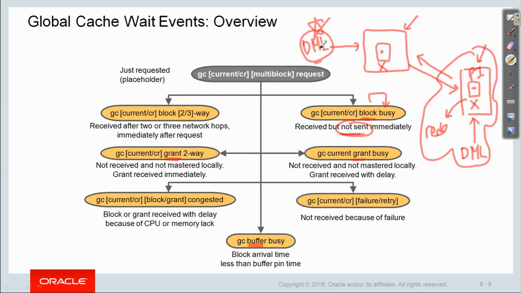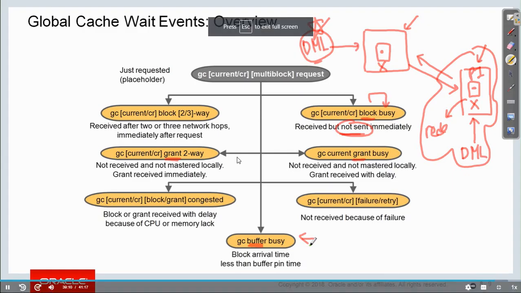In addition, if multiple sessions look for the same block, which is a hot block, like a block header, okay, or a segment header block or index blocks, then because of a hot block, the buffer becomes busy. Okay, so that's also another example. So you have to find a way to reduce the buffer level contention.